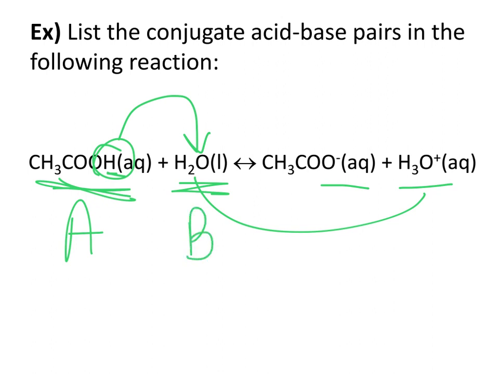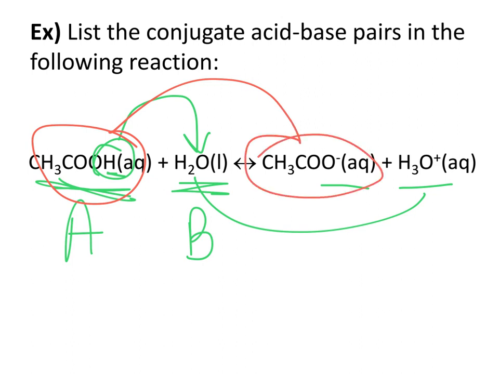Now if you compare the acid that was originally acetic acid, it became just the regular acetate ion, or C2H3O2 minus. See the different ways that's written? Just kind of showing us the structure again.